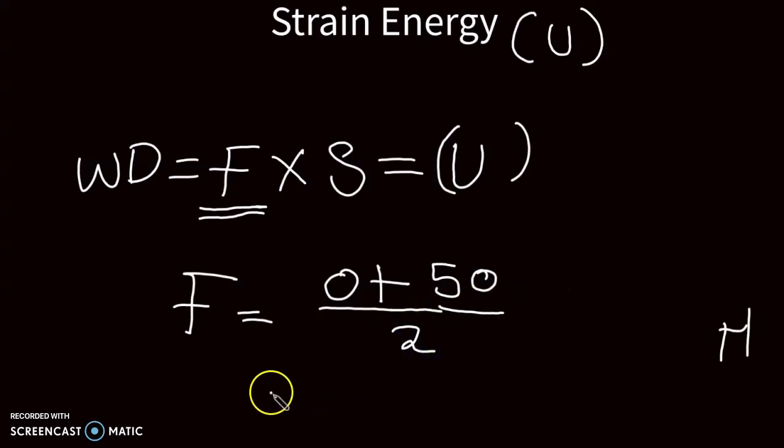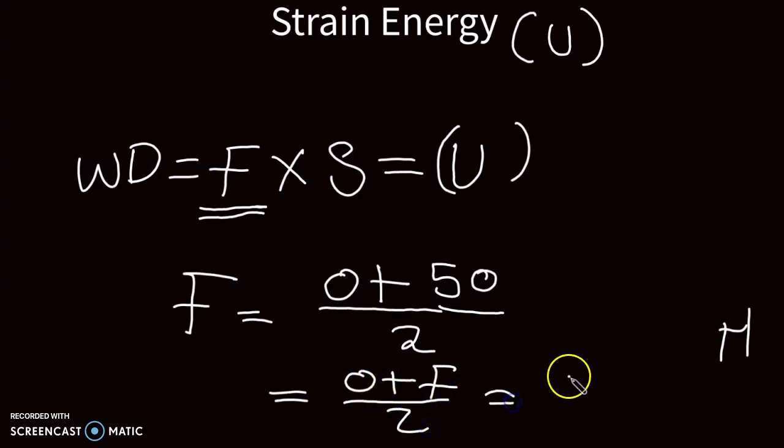So our formula will look like this: 0 plus F divided by 2, which will be equal to half F. And then we look at the distance.